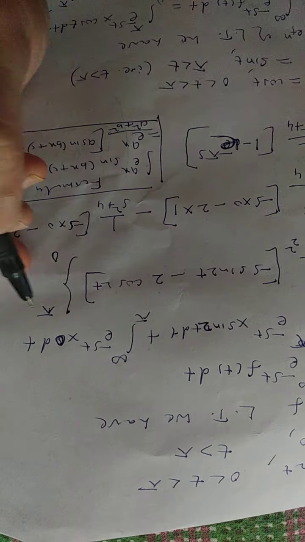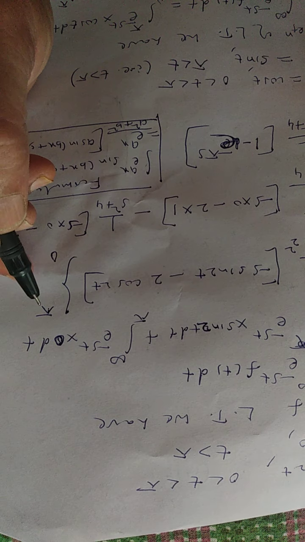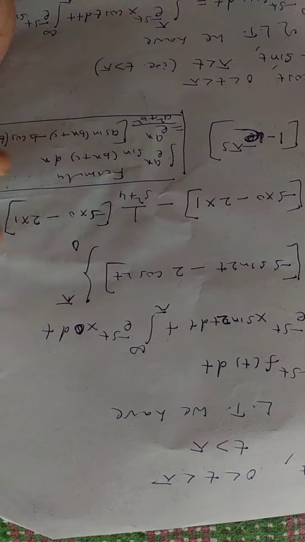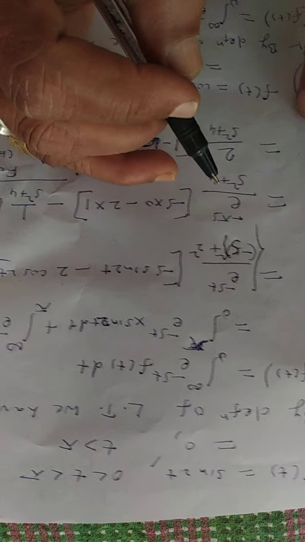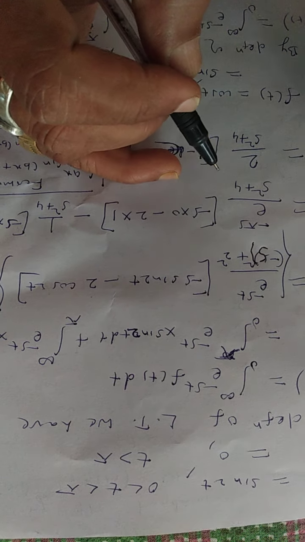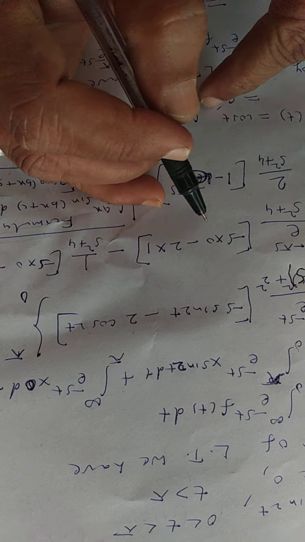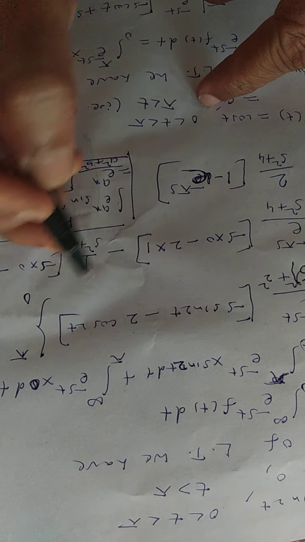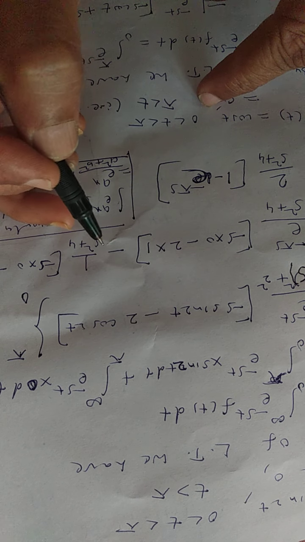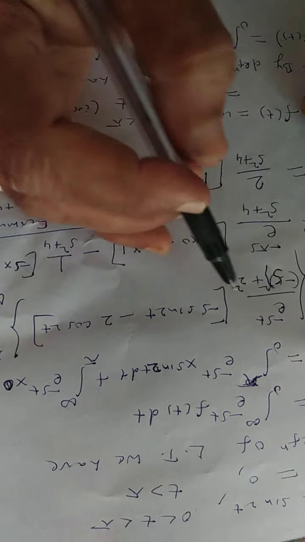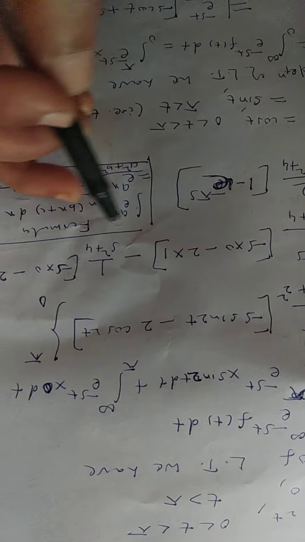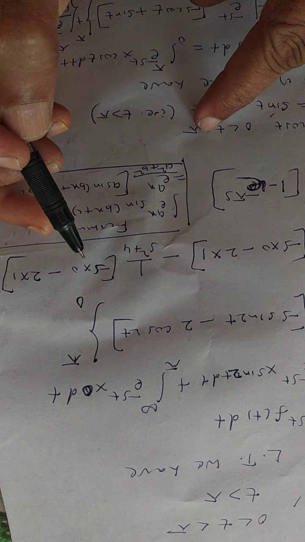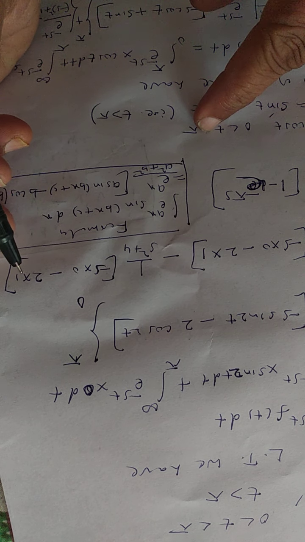Then again we put the limits, upper limit first. So e raised to minus pi s, upper limit is pi, divided by s square plus 4, minus s sin 2 pi is 0, minus 2 cos 2 pi is 1, minus 2 into 1, minus the lower limit, e raised to 0 means 1 upon s square plus 4, minus s sin 0 is 0 and cos 0 is 1.